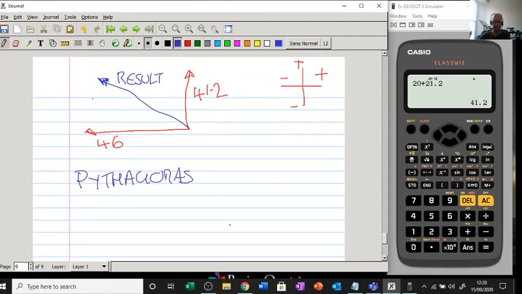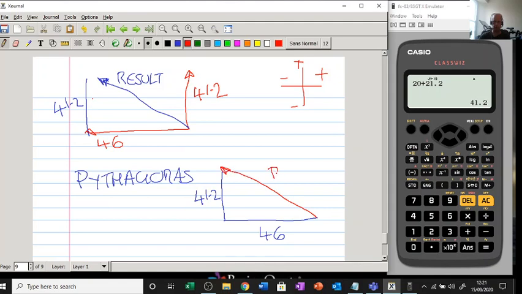So here's my triangle. There's my 46. Now, this here is 41.2, isn't it? That's got to be 41.2 because it's the same length. And then this here, you can join it up.